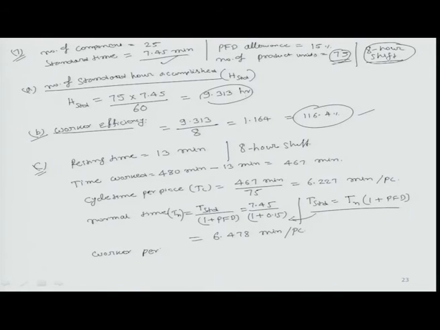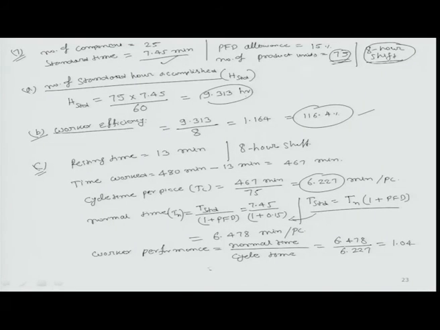Okay, so now if you want to calculate the worker's performance, what will it be? Worker performance will be equal to normal time divided by cycle time: 6.478 divided by 6.227, and this will be equal to 1.04.